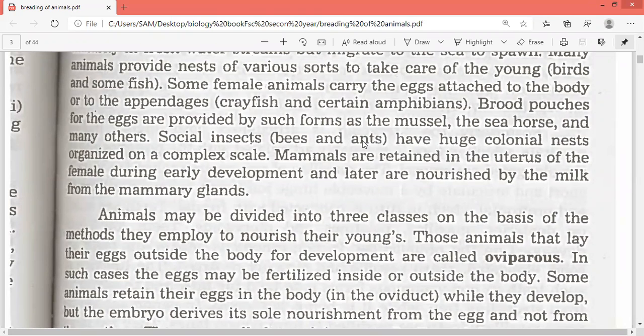Social insects like honeybees and ants have huge colonies, with nests organized on a complex scale, right? The mammals' young are retained in the uterus of the female during early development and later are nourished by milk from the mammary glands.